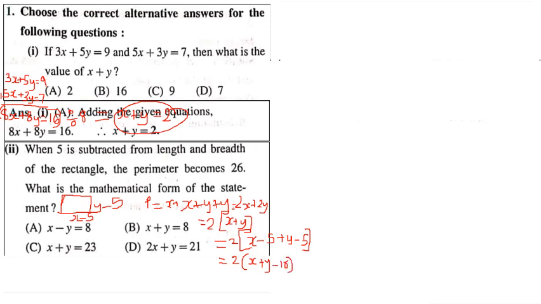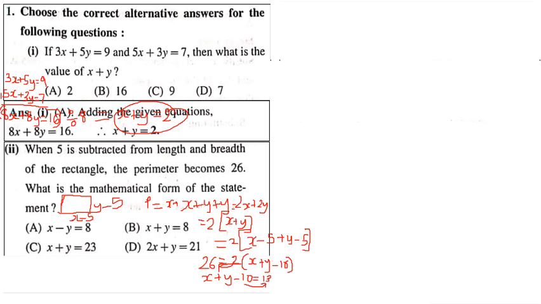Okay, and here the perimeter has been given as 26. So if this 2 comes onto the other side, in RHS it's multiplication, it comes here and becomes division. So 26 divided by 2 is 13. So we will get x plus y minus 10 is equal to 13. So minus 10 shifts onto the other side and becomes plus 10.